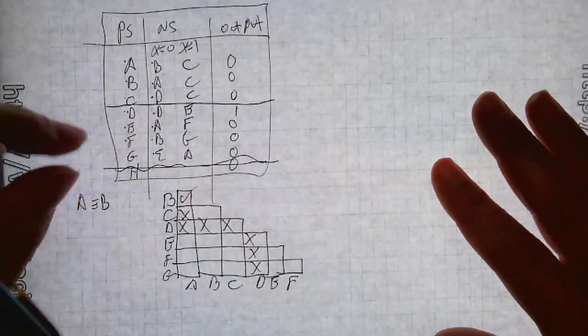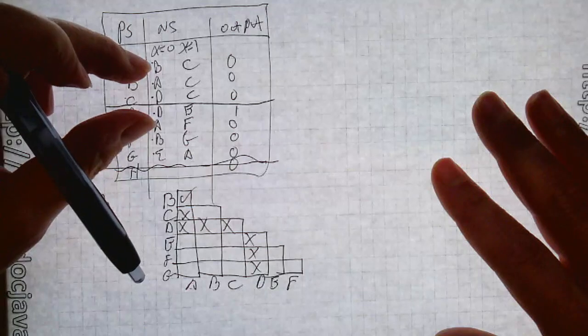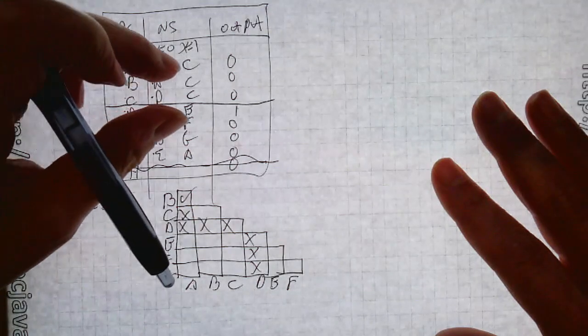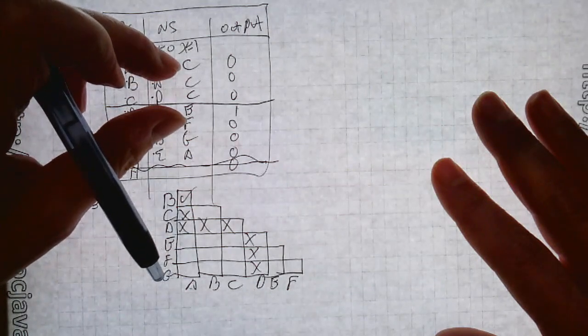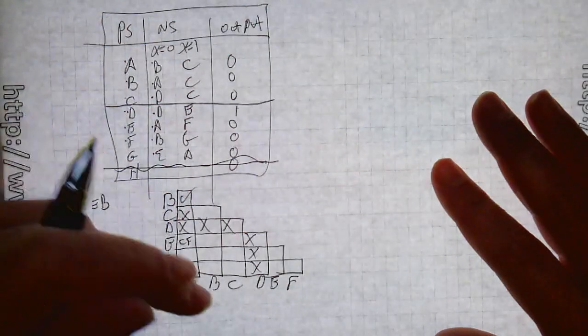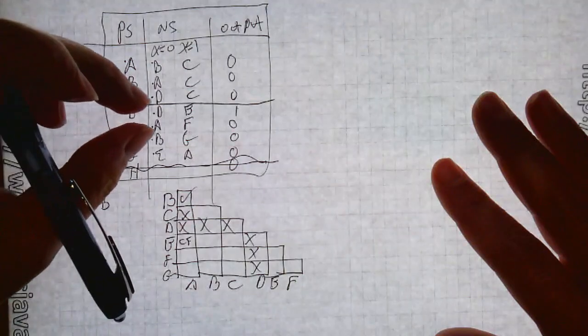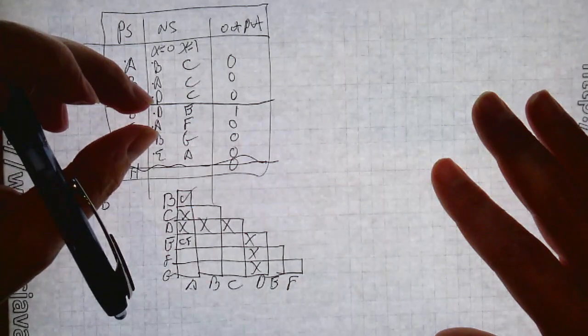Let's compare A and E. A and E are equal if A equals B. It does. And if C equals F. It might. C and F are going to be equal if B equals D, and it doesn't.